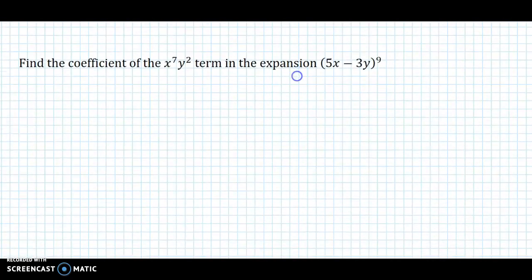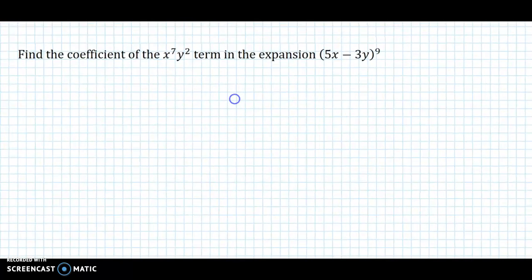Here's another one that's similar. Find the coefficient of the x to the 7th y squared term in the expansion of 5x minus 3y to the 9th. So I think it would probably come in handy to figure out which term this actually is.